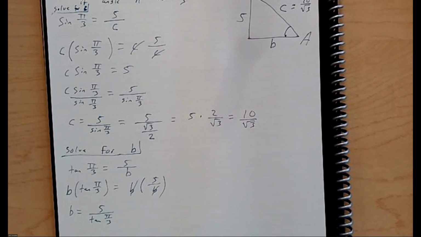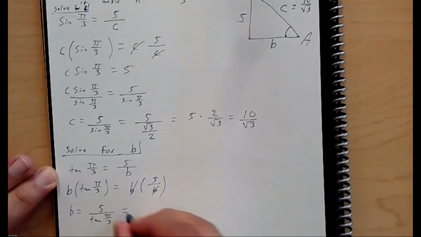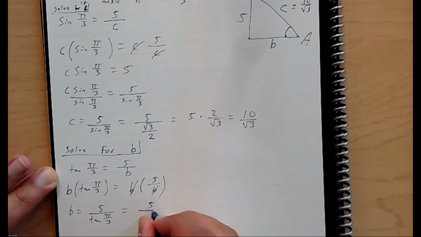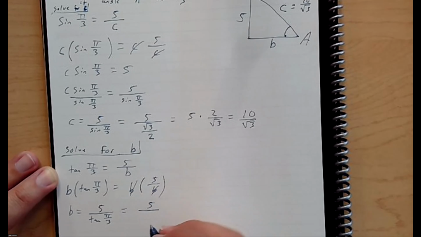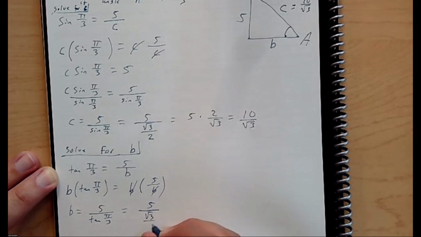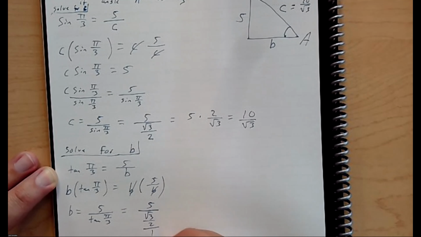Too many wires. Let's see. I think I have it open. Yeah. Pi over 3 right here. So y over the x is tangent. So on the bottom, you're gonna have square root 3 over 2 divided by 1/2. Doesn't look very pretty.